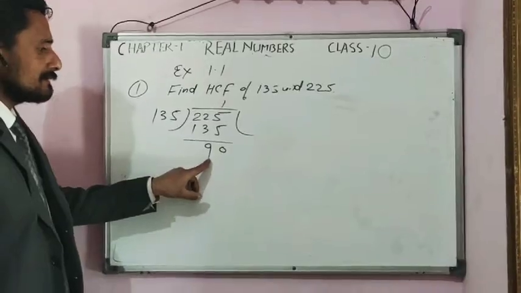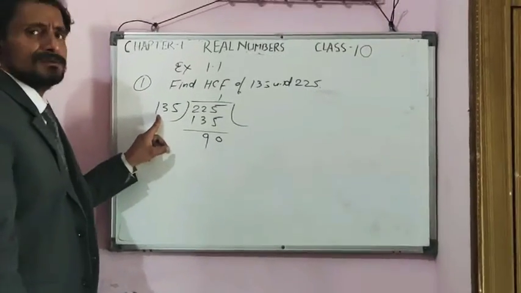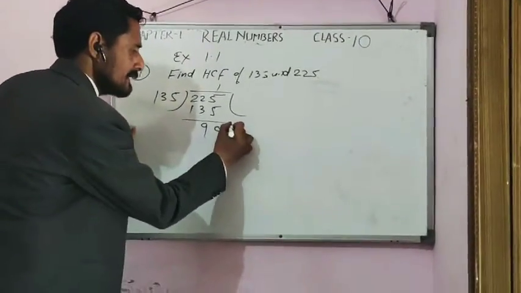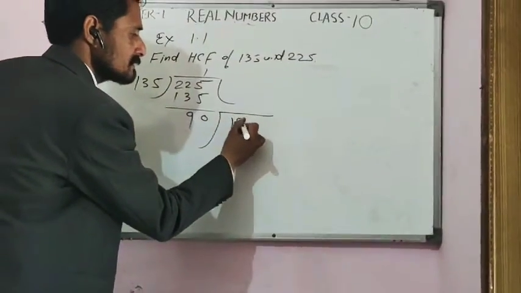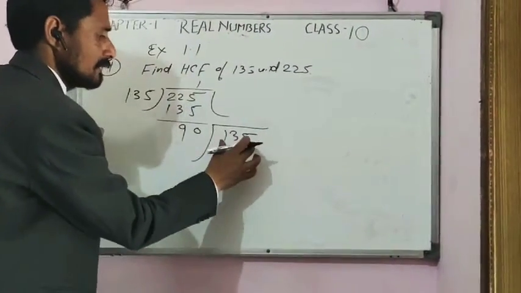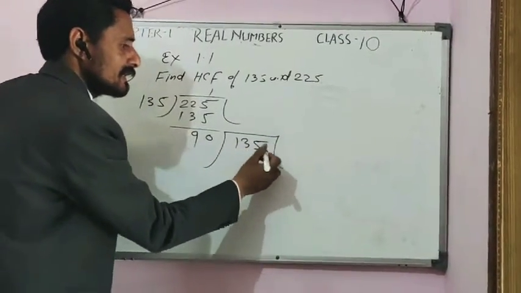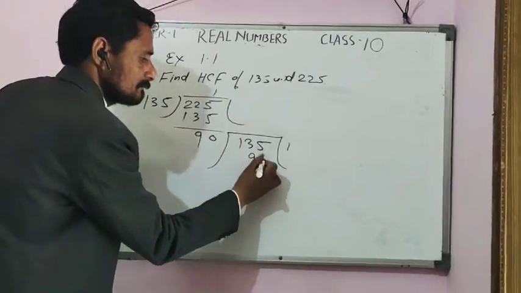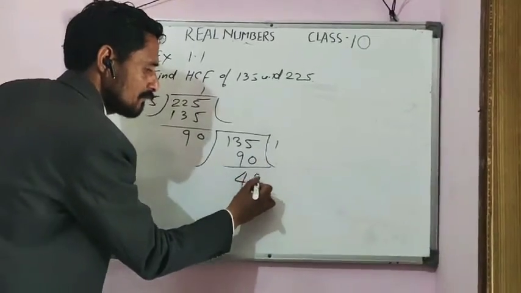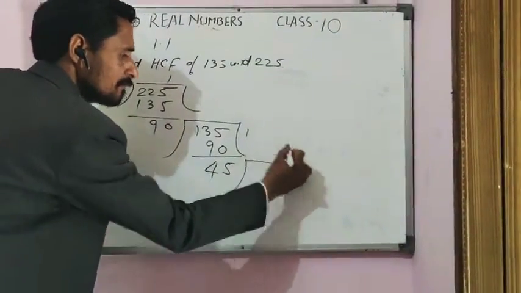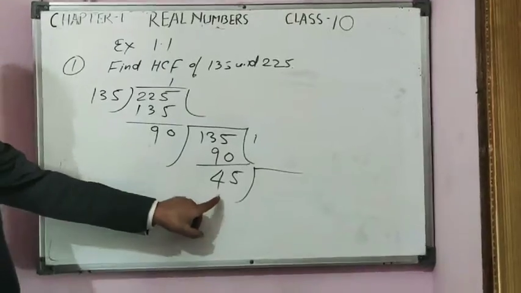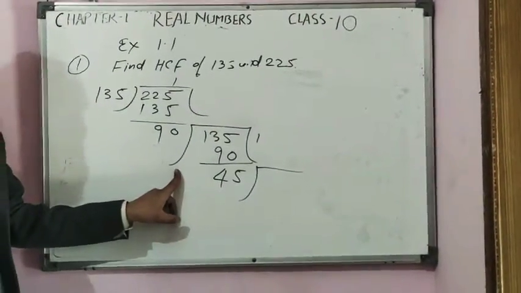Now 90 is the divisor and 135 is the dividend. So again, the next step is 135 divided by 90. It divides 135 one time, so we have the remainder 45. Now the next step is 45 works as the divisor and 90 as the dividend.